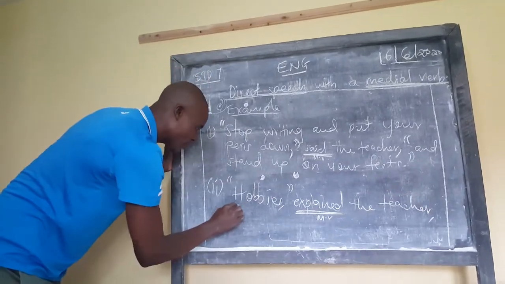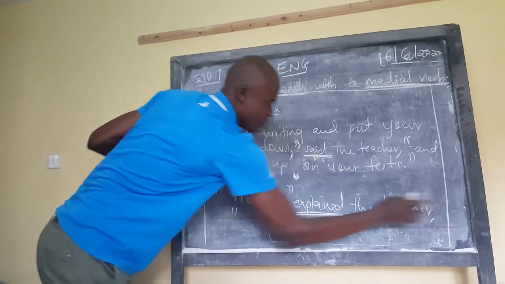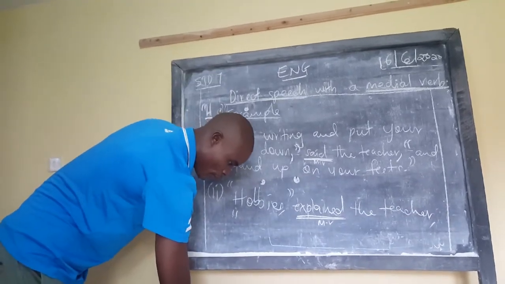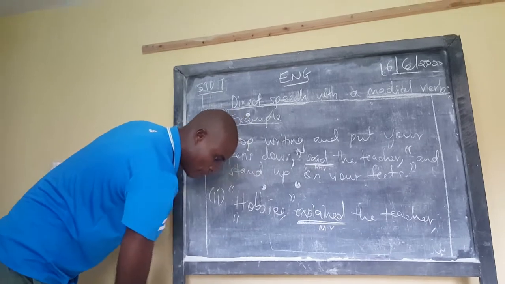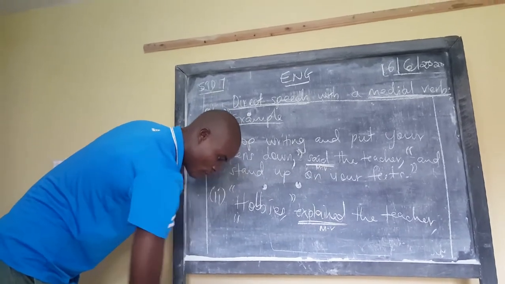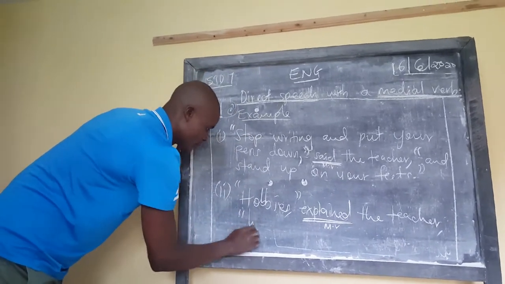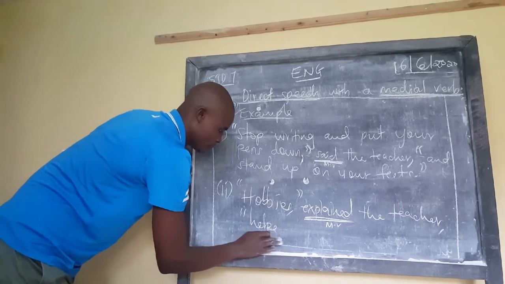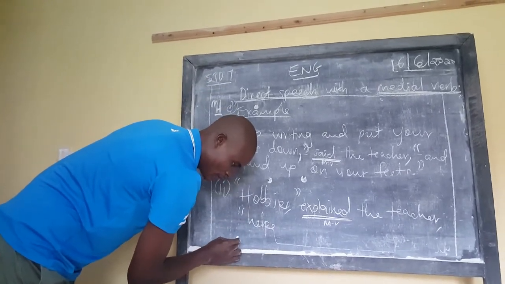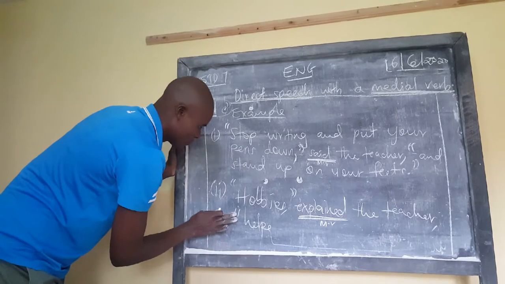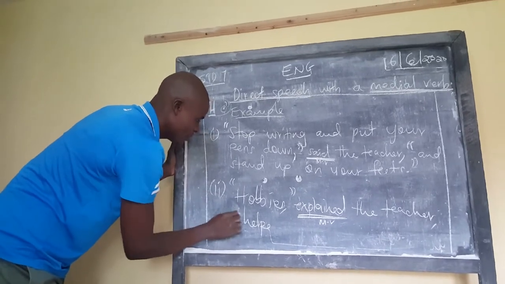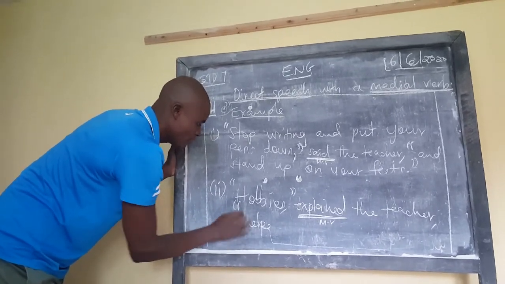Then we begin another one. I'm supposed to put it here, but because there's no space, we have opening, and then you say "Helps to develop one's talent." Helps, because we're beginning another one, we must begin with a capital letter.